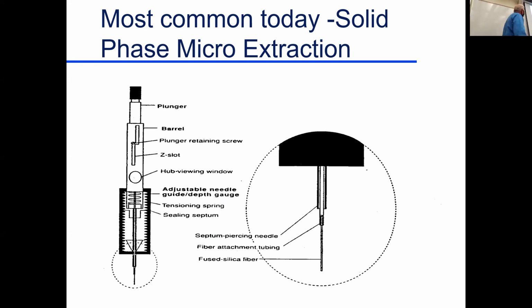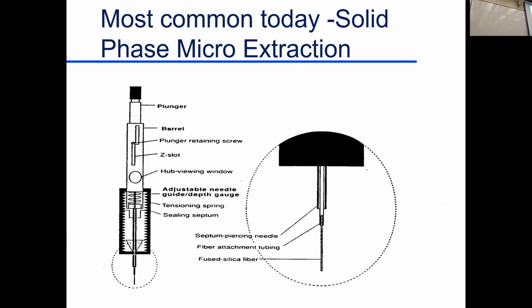But I don't like it because, first of all, this fiber has very little ability to absorb compounds. There's differing affinity for different compounds. So if you put this above a sample, what you see is going to depend upon what of your sample goes into the gas, and then what likes this.